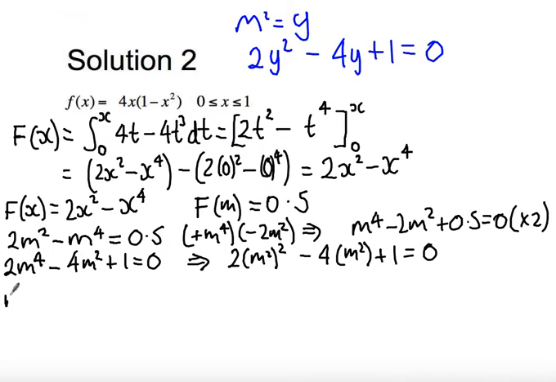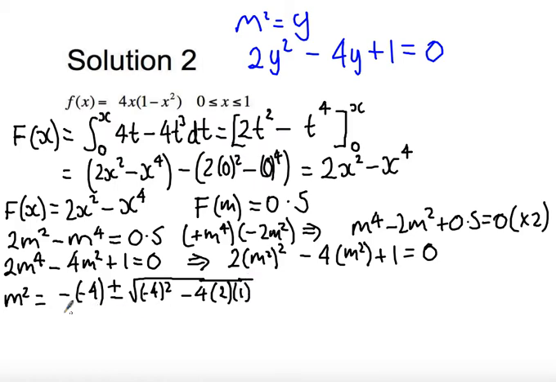So m squared is equal to minus 4 plus or minus the square root of minus 4 squared minus 4 times a, which is 2, times c, which is 1, all over 2 lots of a, which is 2 times 2.